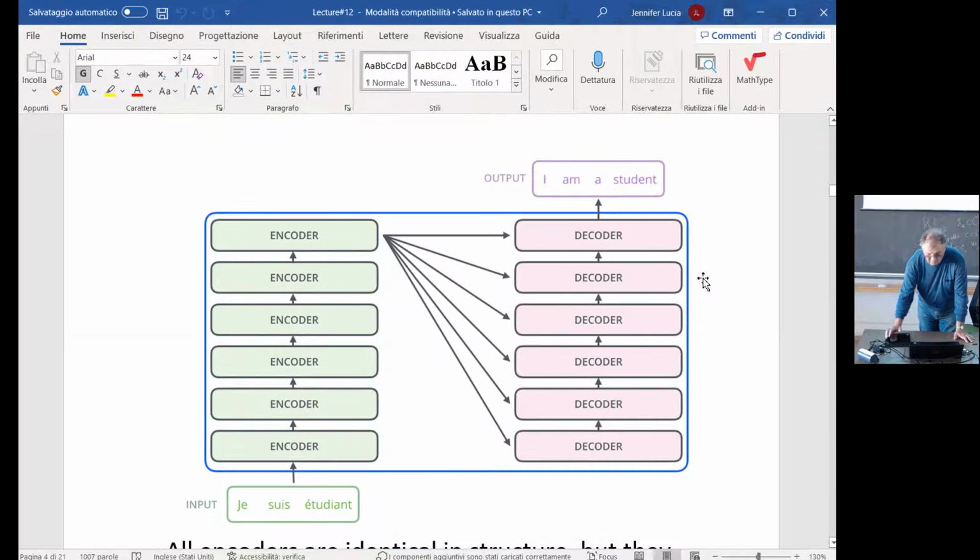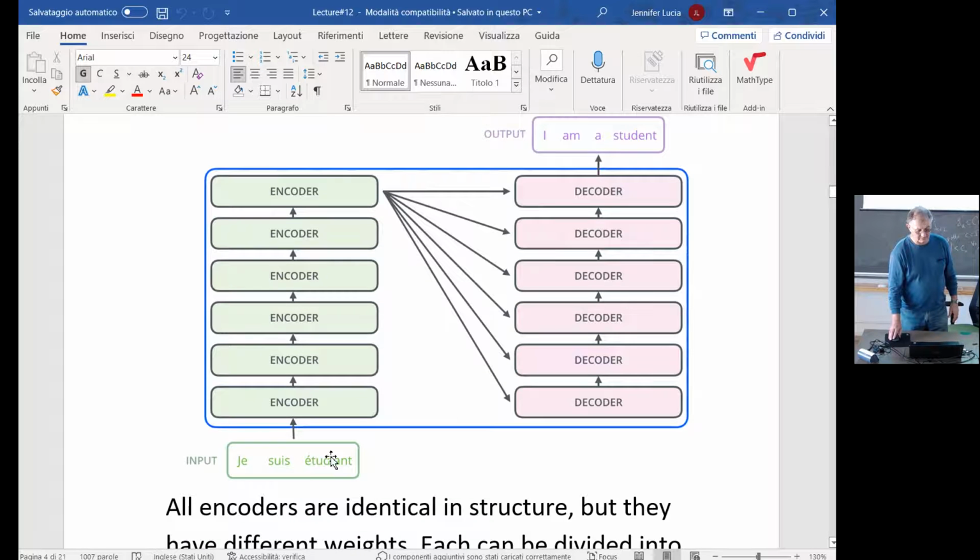Okay. So now this architecture in more detail. So, je suis étudiant arrives at the first encoder, which makes some first elaboration with some hidden layer analysis, like in the case of a convolutional neural net.